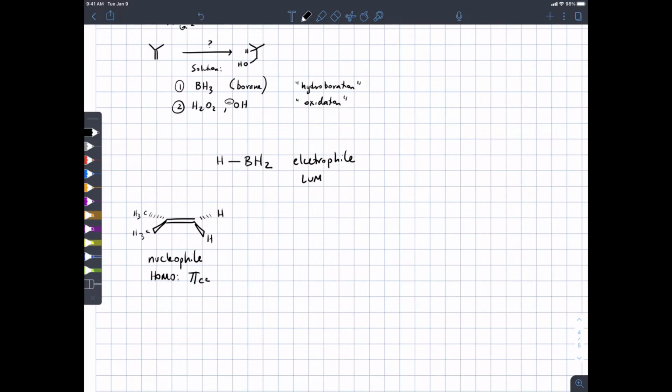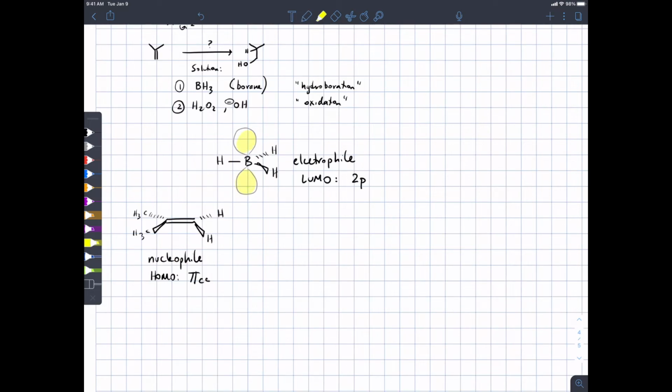The relevant orbital on the electrophile is the LUMO, which is the empty 2p orbital on boron, which we know what it looks like. Borane is trigonal planar, sp2 hybridized, and here's the empty p orbital on boron.